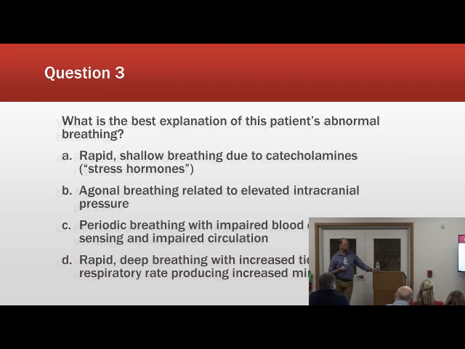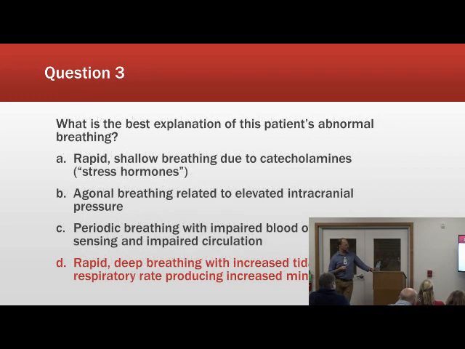The answer is D: increased tidal volume, rapid respiratory rate, huge minute ventilation, blowing off all the acid she can. Some people might have rapid shallow breathing that starts out that way, but what we saw with that little boy was D. That's Kussmaul breathing. Not many things do that. It's severe acidosis, DKA, maybe a tricyclic overdose, something bad where they're really acidotic.